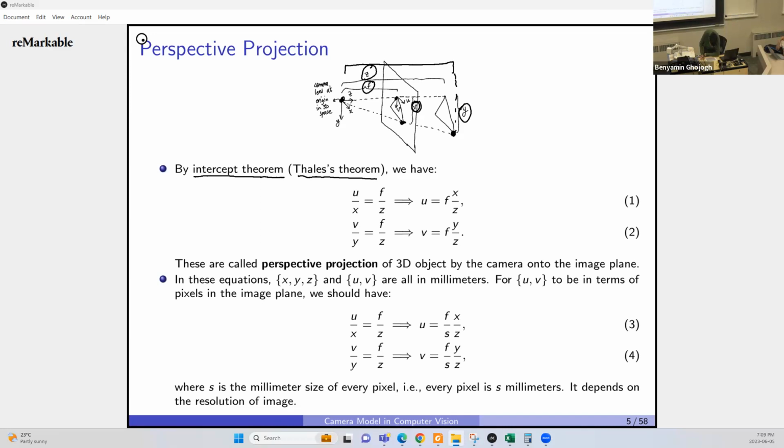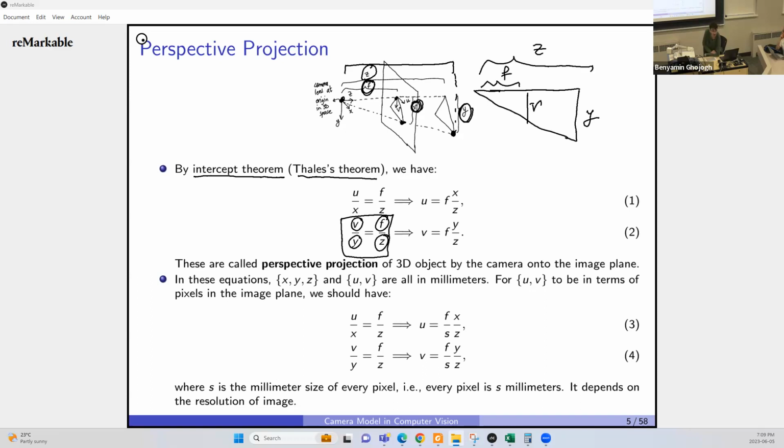Now, Thales's theorem. Let's consider this. V, which I talked about right now, V over Y equals F over Z. This is Thales's theorem for this triangle. This is a triangle. This is Y, this is V, this is F, this is Z, right?